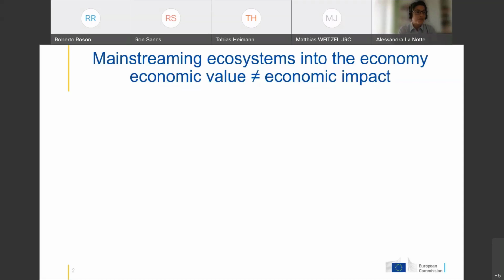Traditionally, this is understood in most cases as putting an economic value on environmental goods and services. In a report published yesterday by Eurostat, we managed to assess and value 7 ecosystem services that, within the European Union, provide a yearly flow of 171 billion euros.